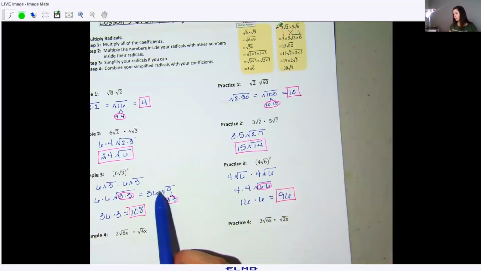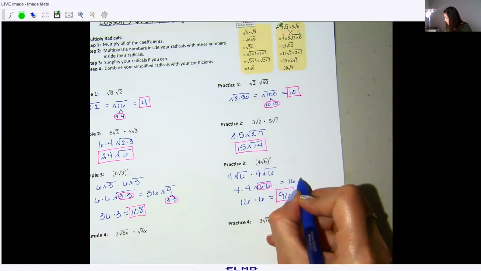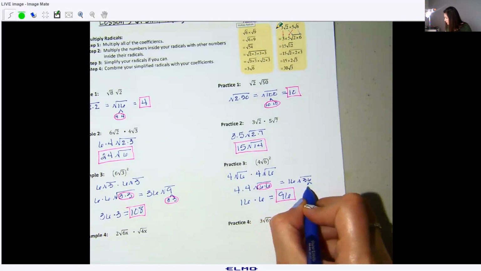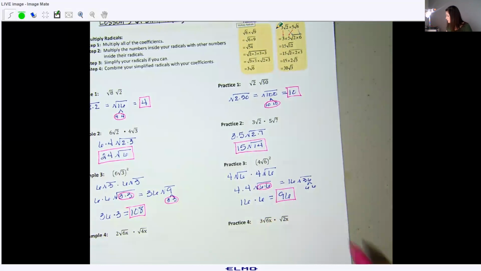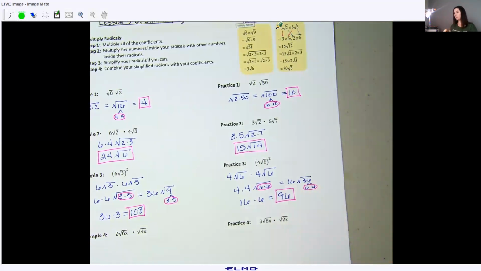Now, if doing it this way makes more sense to you, do it this way. You would have ended up with 16 square root of 36 and then factored out your 2 6s and then multiplied 16 times that group of 6s.